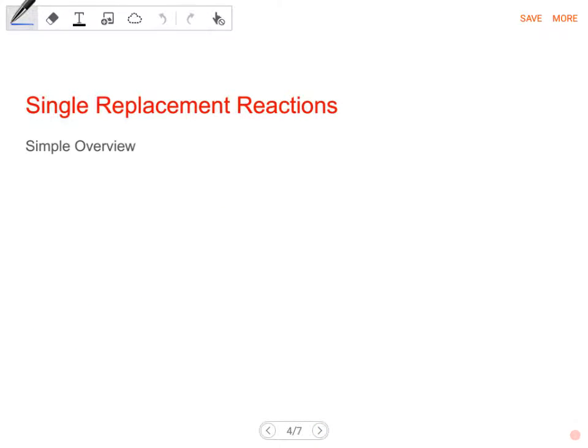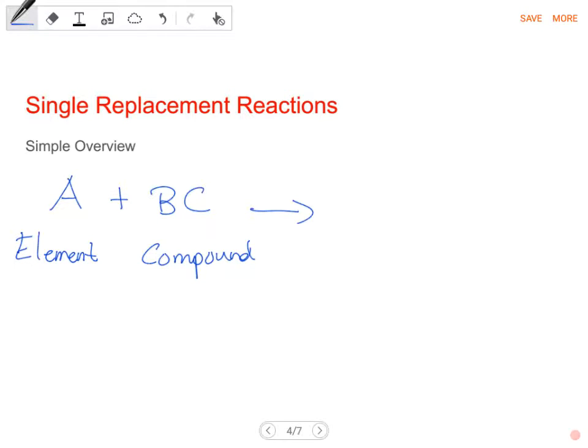All right, so now we're going to start putting all this information together to help us with single replacement reactions. Remember the simple overview is A plus BC. This is an element. This is a compound. There is going to be a switch here per se.